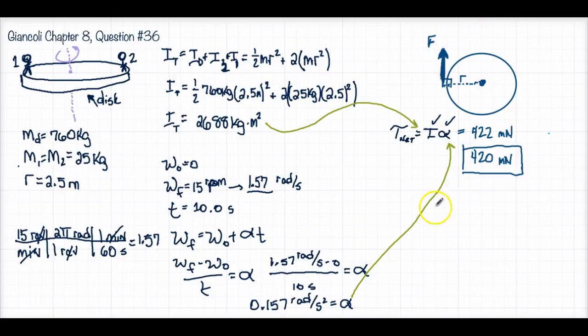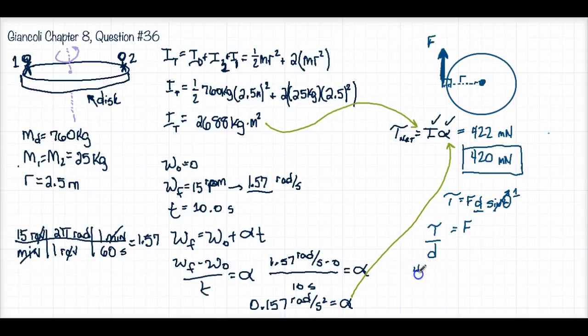So what I can say is that this torque of 420 newton meters is equal to Fd sine theta, where theta is 90 degrees, and so sine is just going to be 1. I know the torque and I know the distance, 2.5 meters. So I can solve for F by dividing the net torque by the distance d.